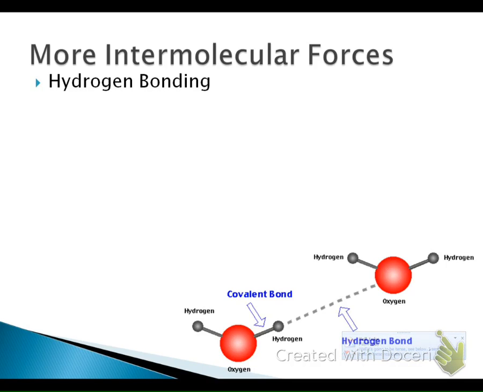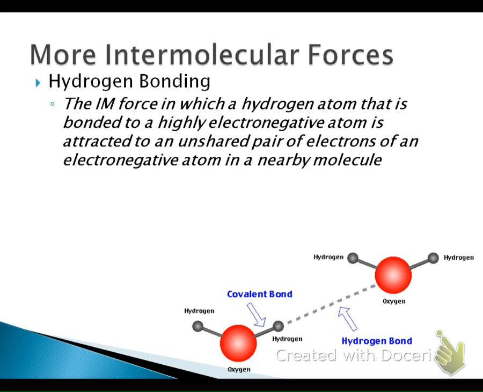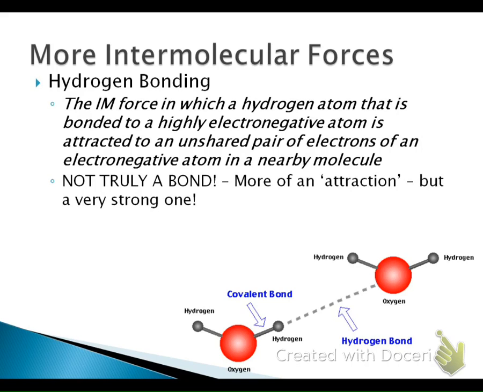Let's look at some different types of intermolecular forces, like hydrogen bonding he talked about. This is the book definition of a hydrogen bond. It's an intermolecular force in which a hydrogen atom that's bonded to a highly electronegative atom, such as oxygen, fluorine, nitrogen, chlorine, things like that, those are highly electronegative, becomes attracted to a lone pair of electrons of an electronegative atom in a nearby molecule.